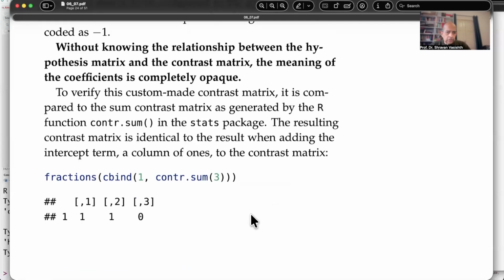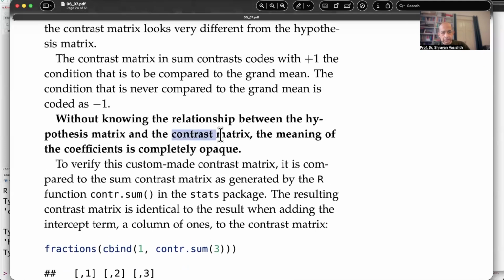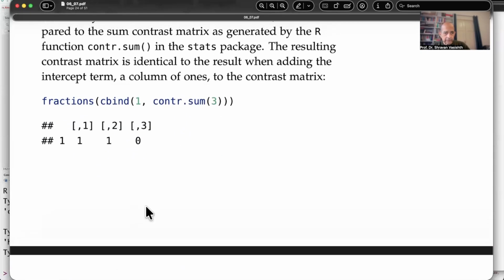We can demonstrate that if you take a contrast matrix and invert it, you get back the hypothesis matrix. So here's a contrast matrix. Contrast sum 3 is going to do the sum coding for the 3-level factor that we are interested in.